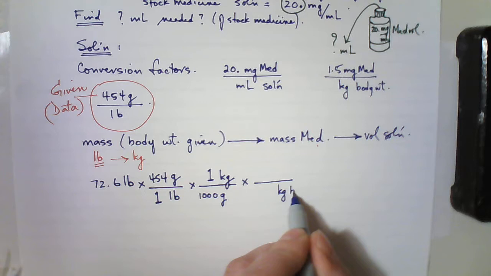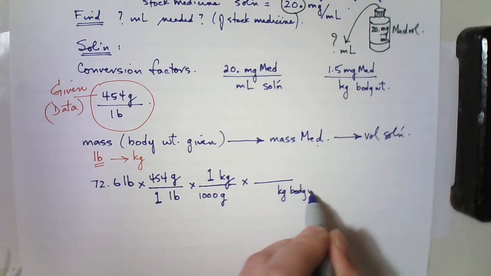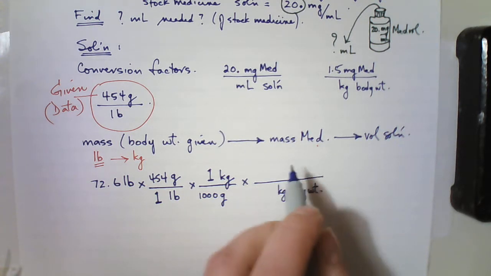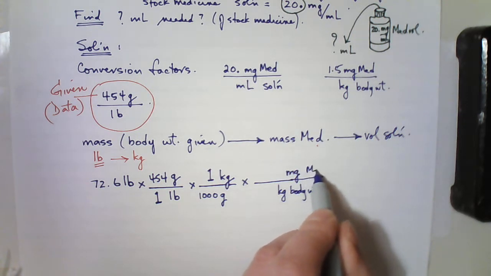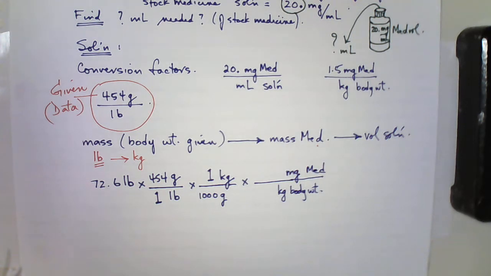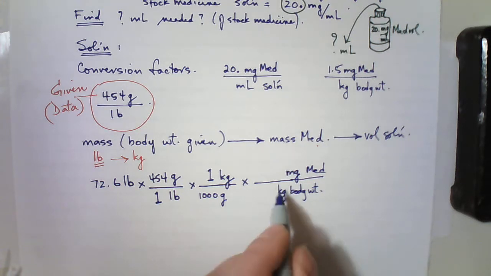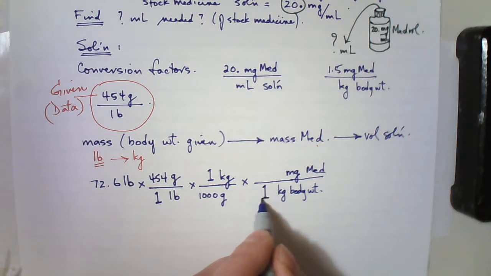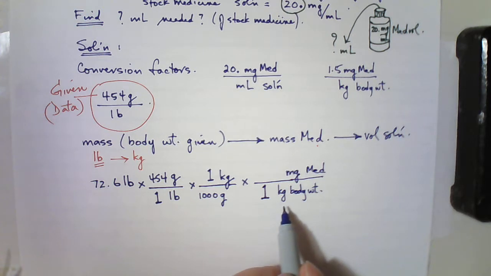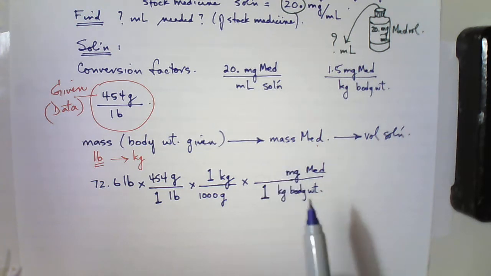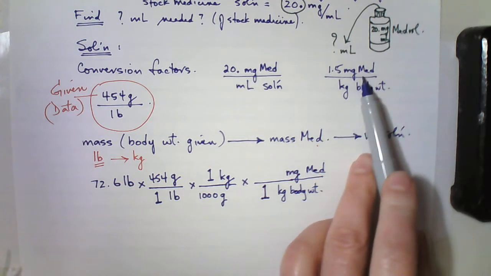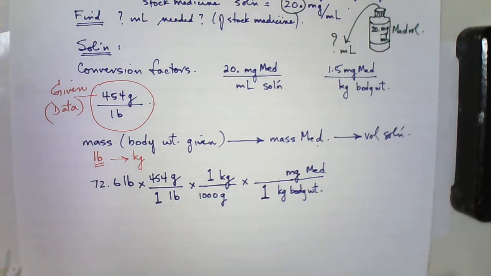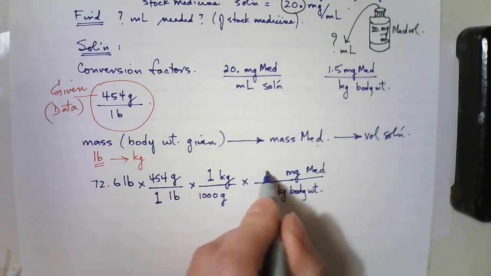Kilograms body weight, I'll put that in, and milligrams of medicine. And let's fill in the numbers. I know that per every kilogram of body weight, you can look back up to the question and see, 1.5 milligrams of Medrol is required.